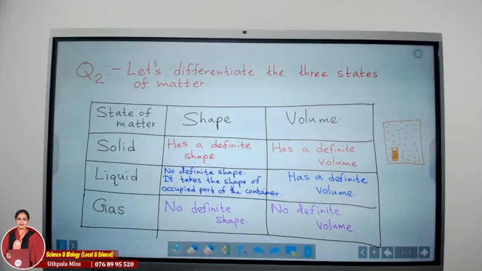Okay, so think about it. How many different ways can matter exist? Some matter you can hold in your hand, like a ball or a book. Some matter you can feel but you can't really hold on to, like water or soda. And some matter, like air or helium in a balloon, you can't see or feel or touch at all.